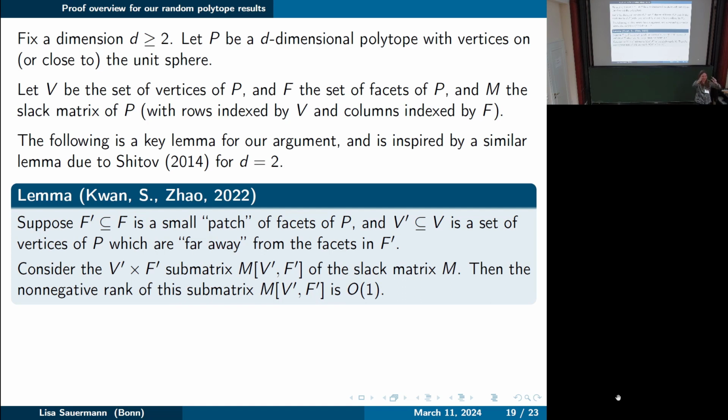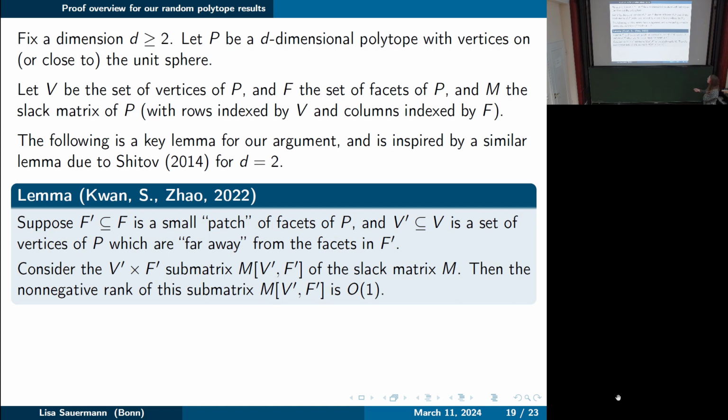If you think of the polytope as a soccer ball, it's a little patch on the outside of the soccer ball. So you take a small patch of facets of P, and now you take a subset of the vertices which are far away from this patch, so which are far away from the facets in F. That's V prime, and F prime is a patch of facets.